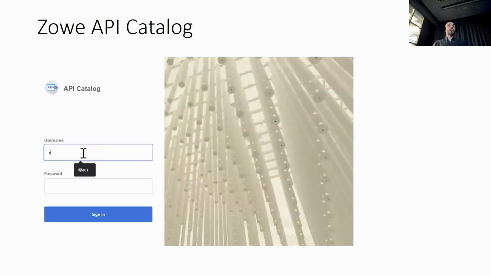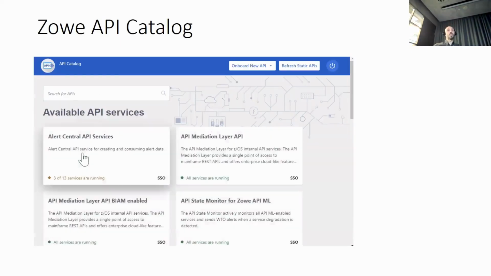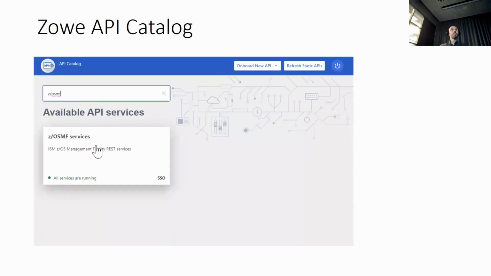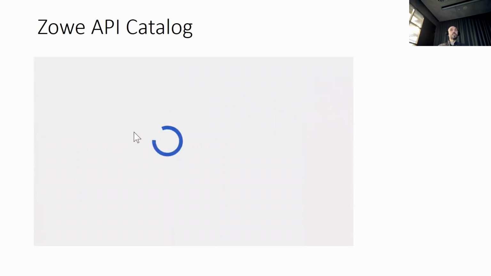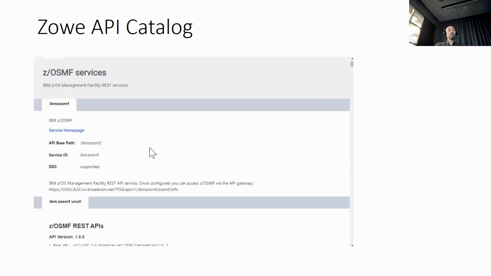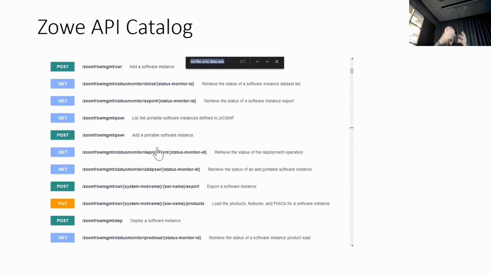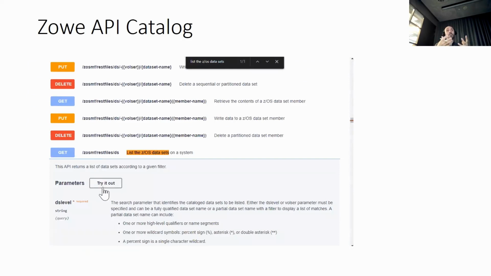Okay, we have a little GIF here that's rushing through the API catalog to give you a flavor of what that looks like. Once you've authenticated, you will then click on a particular service that you're interested in. Those are the tiles that I talked about. This is then the detail page of a particular service. You will go down, you can check all the endpoints, click on a particular endpoint.